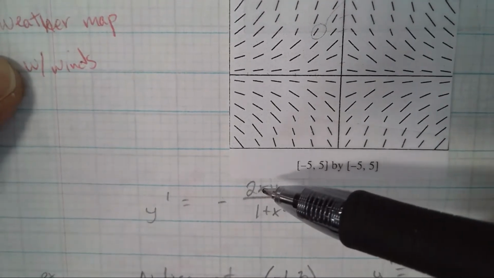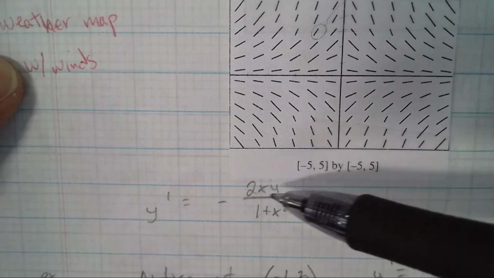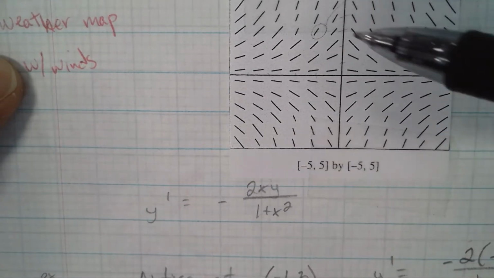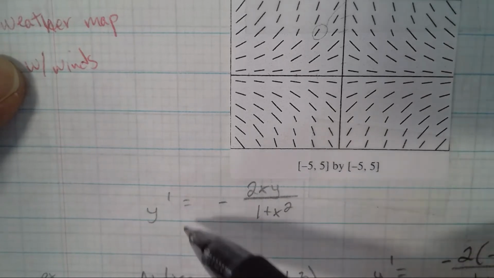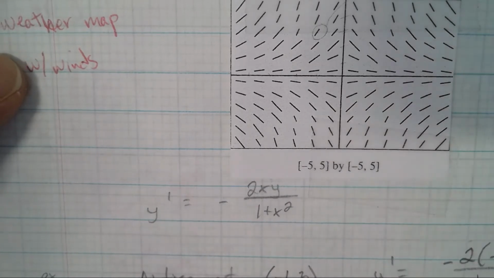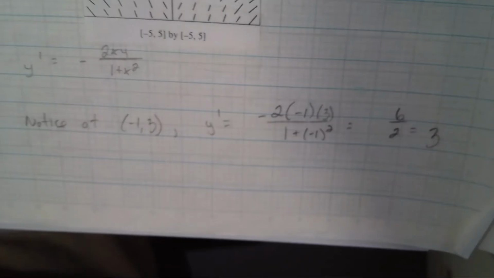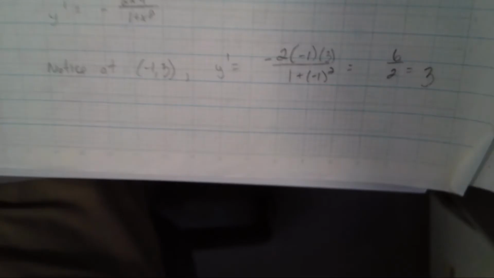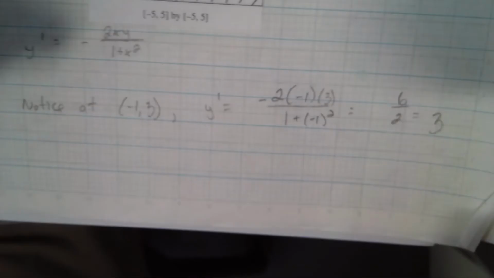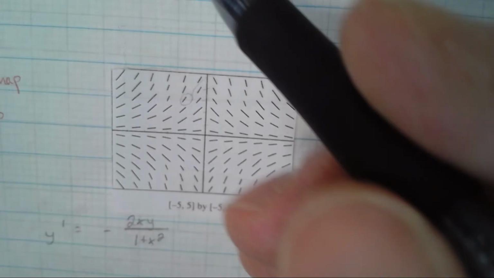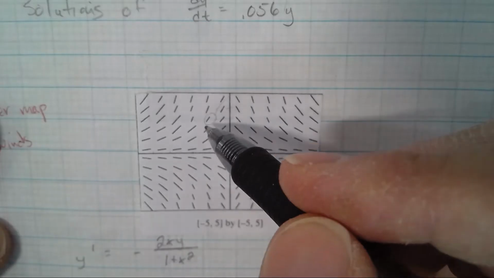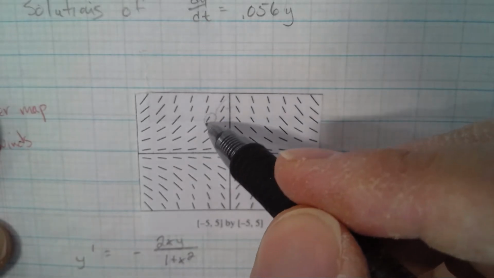If I plugged in -1 for x and 3 for y into our differential equation, you end up getting 3. So at -1, 3, we would have a little line segment that has a slope of 3.